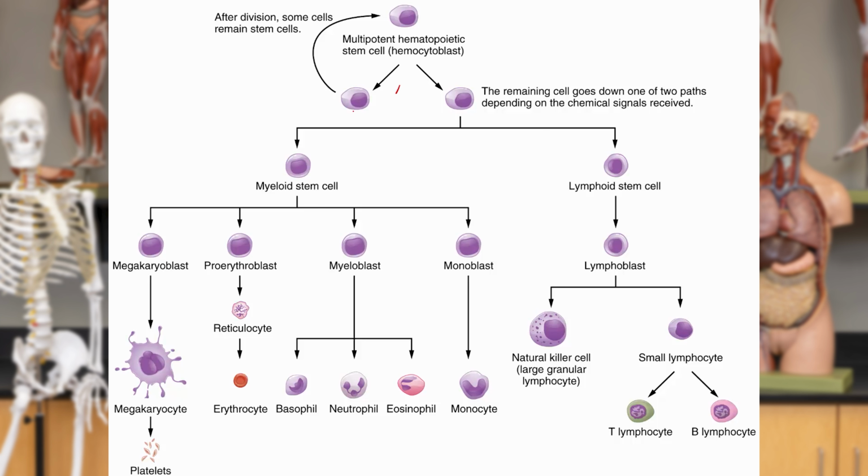The other pathway heads down the myeloid system, to either monoblast or myeloblast. The monoblast simply goes to monocyte. But the myeloblast goes to either basophil, neutrophil, or eosinophil. That's dependent on the colony stimulating factor. Whichever colony stimulating factor is there stimulates which white blood cell is growing.